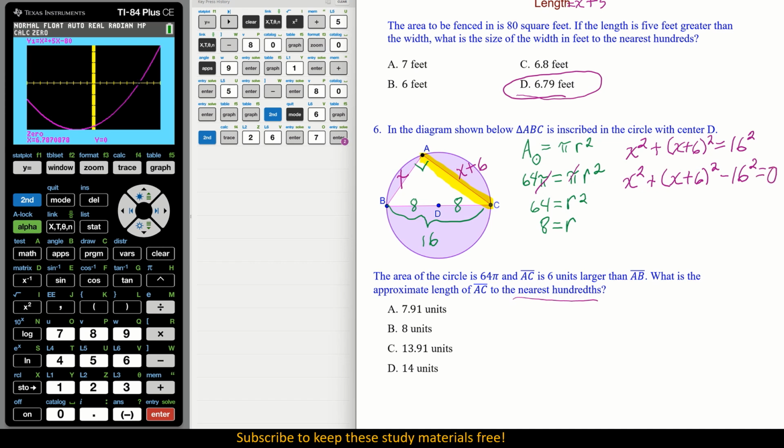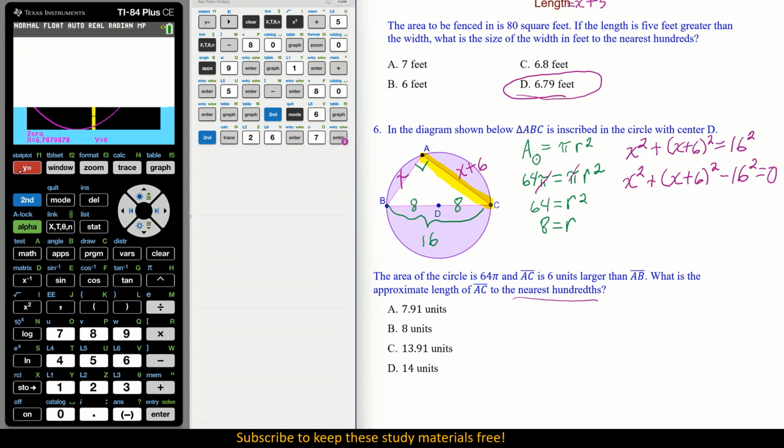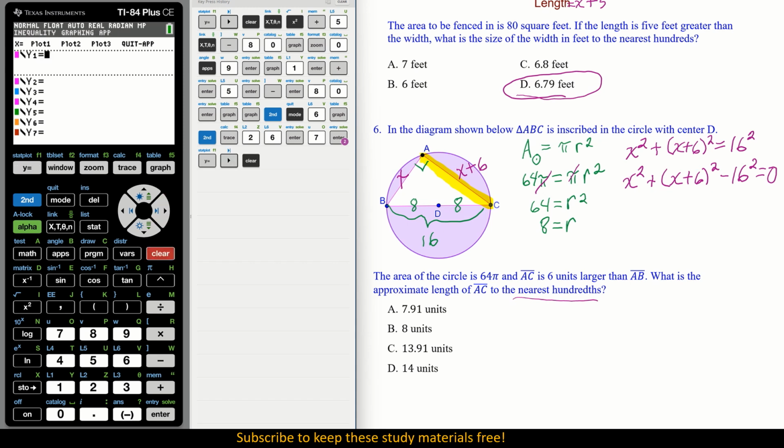So let's graph it just how we did the last one. We had 2 ways. Let's go ahead and graph and see what we can do. So let's clear this out.